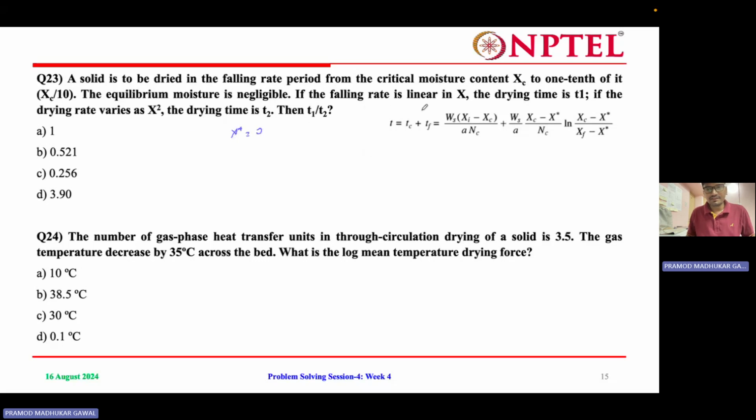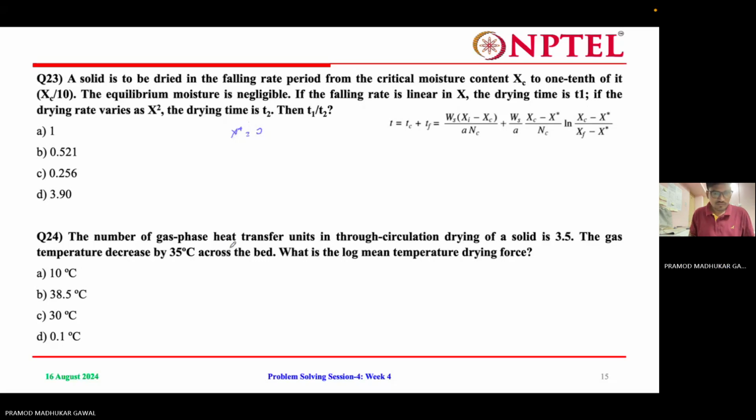So here two conditions are given. If the falling rate is linear in X, the drying time is T1. If the drying rate varies as X square, the drying time is T2. Then we have to find the ratio T1 by T2.